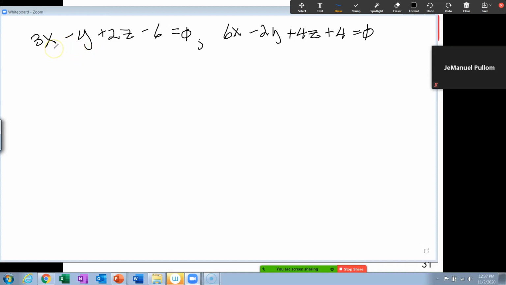Well, let's pick a point x, y, z that we know is going to make that true. 2, 0, 0. You see, if x is equal to 2, y is equal to 0, and z is equal to 0, then this would be 6 minus 0 plus 0 minus 6 equals 0. So there's a point that's on that plane.